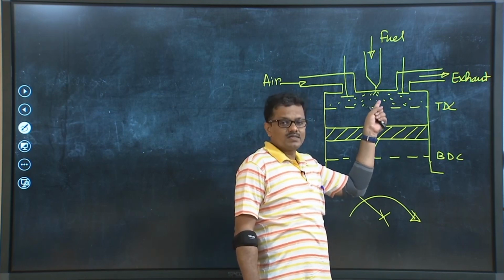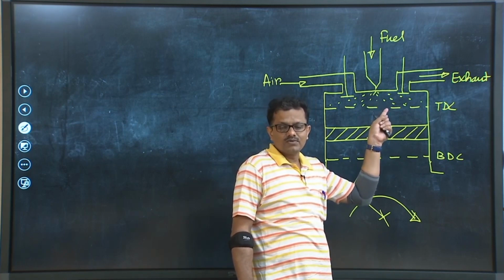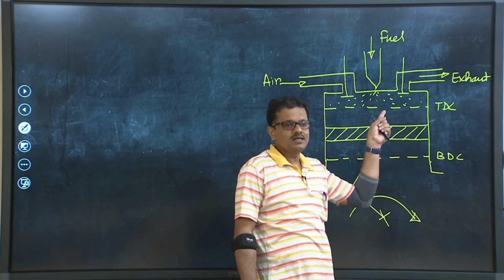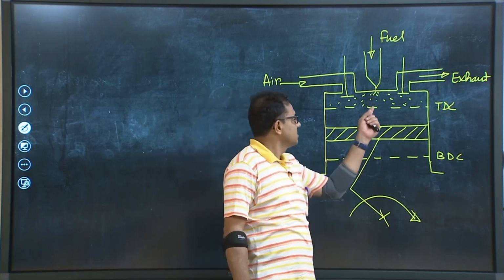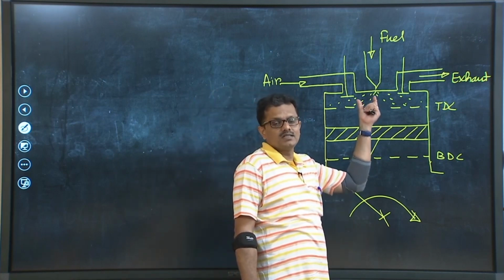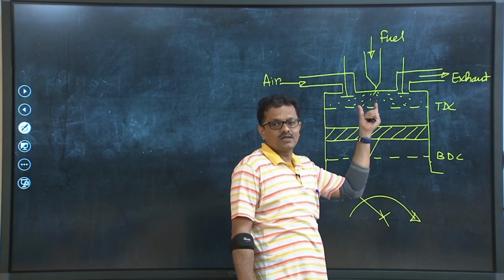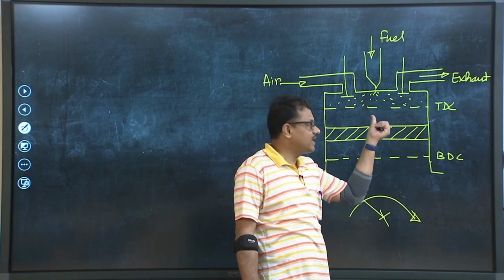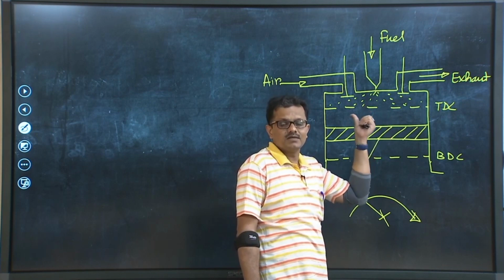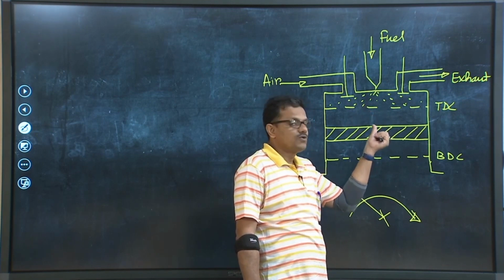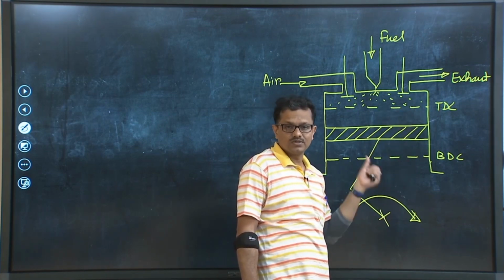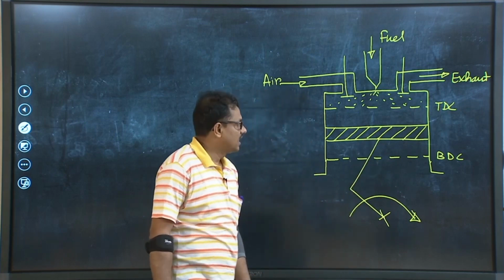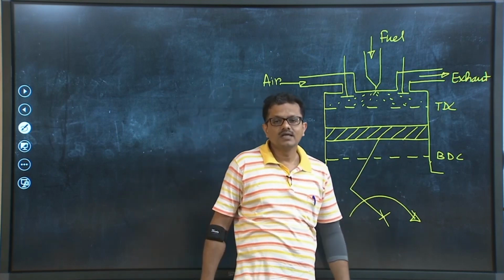And when the combustion is completed, as we discussed in the context of the Otto cycle, it is because of the rise in pressure and temperature of the working substance that the thrust applied on the piston face is the force responsible for the movement of the piston from TDC to BDC. That is the power stroke. Sometimes it is known as expansion.